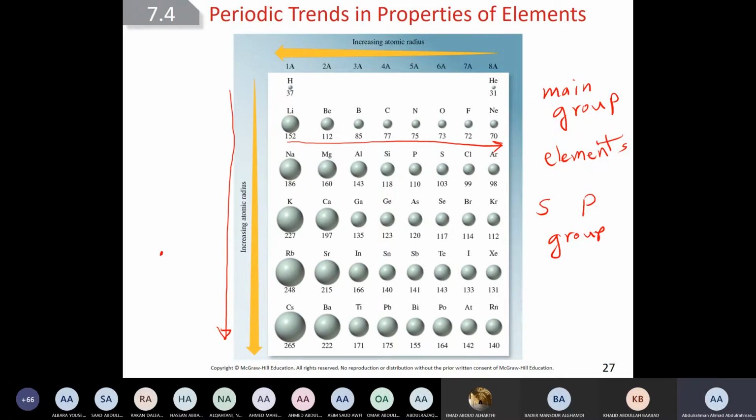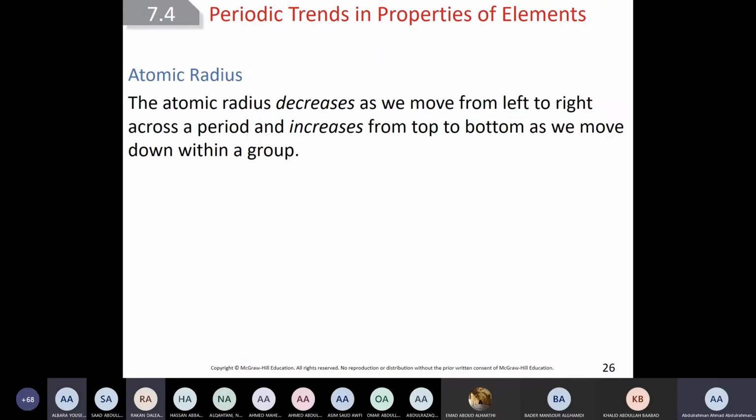Because you are building new shells. As you go down, you are building new shells, new electrons are coming, and the size becomes bigger and bigger. Is this clear? This applies only to the S and P group, yes.